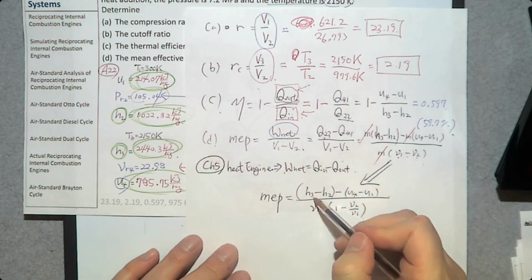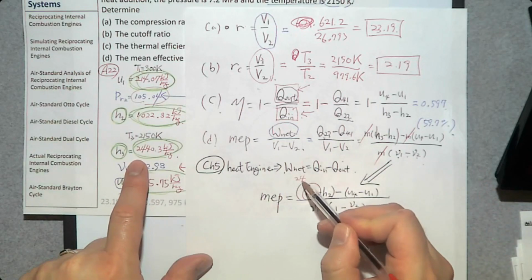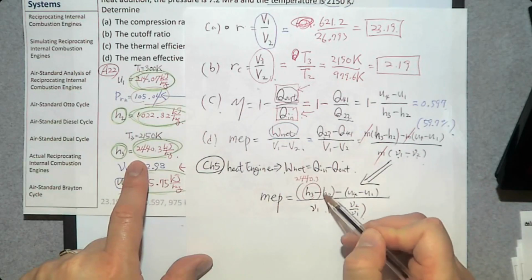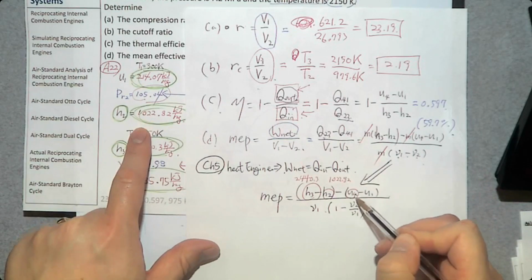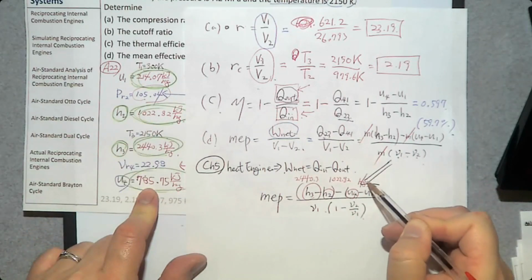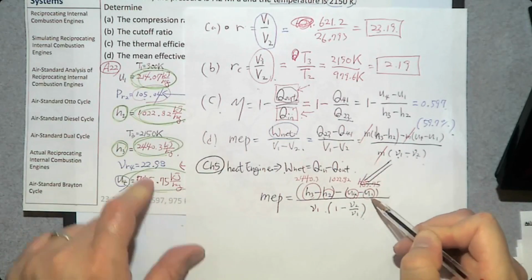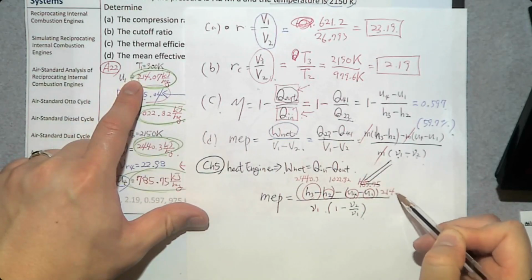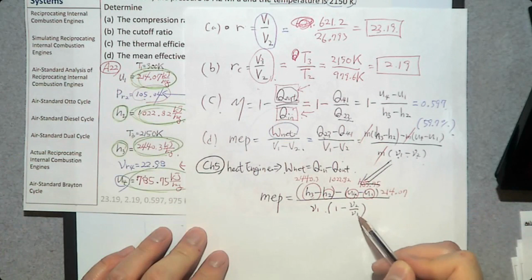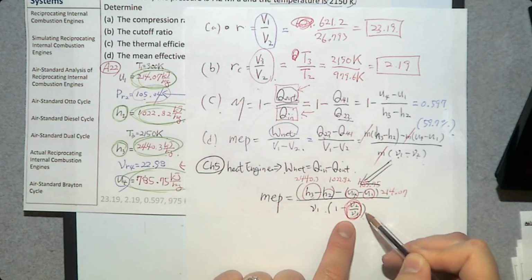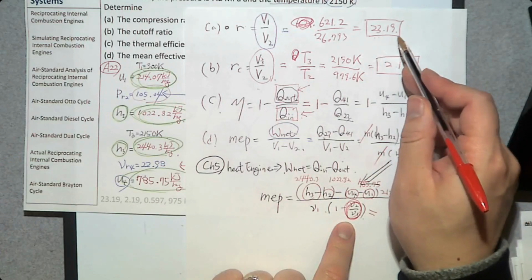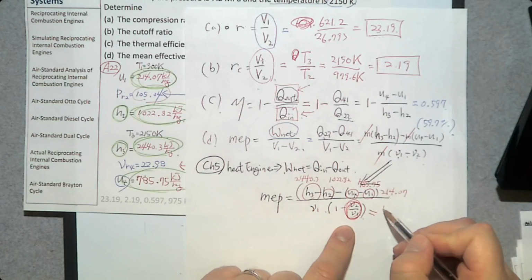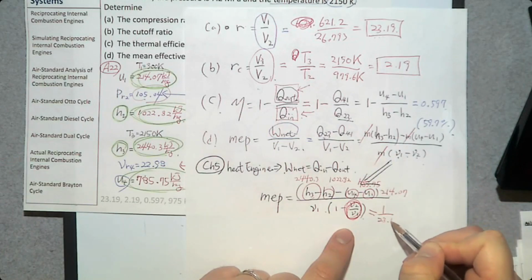Then we have H3 here, 2440.3, H2 here, 1022.82, U4 here, 785.75, U1 here, 214.07, and the inverse of the compression ratio, which is 1 over 23.19.